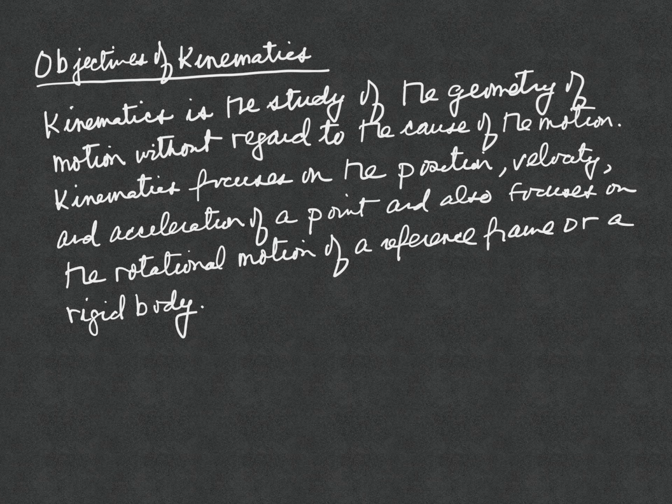Now, in order to get started, we need to define several things. The first thing we need to define is the concept of a reference frame. So recall that motion occurs in three-dimensional Euclidean space, which is denoted E3.